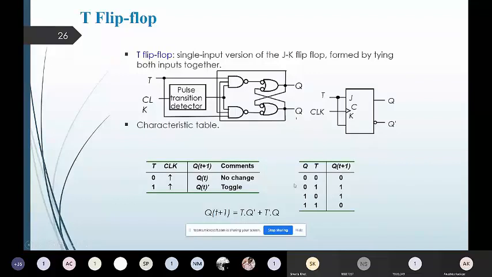We have said that if the T input is 0, there is no change in the next state. That's why you observe that when T is 0, whatever the Q state is has been reflected as Q(t+1), in both cases when T is 0. So here the present state was 0 and it has been reflected, and here the present state was 1 and that has been represented for Q(t+1).